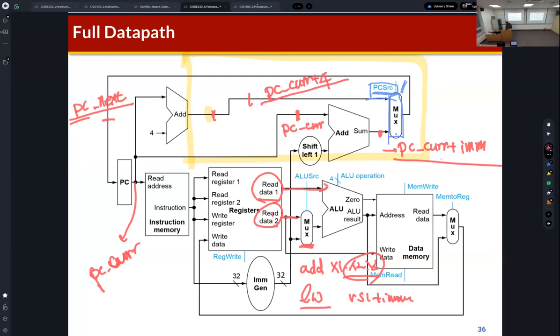So sometimes we require RS1 plus RS2, or sometimes RS1 plus immediate. This means the second input of the ALU can be RS2 data or the immediate number. So there have to be two possible cases, and we need to add a multiplexer controlled by ALU source. Okay, you understand?